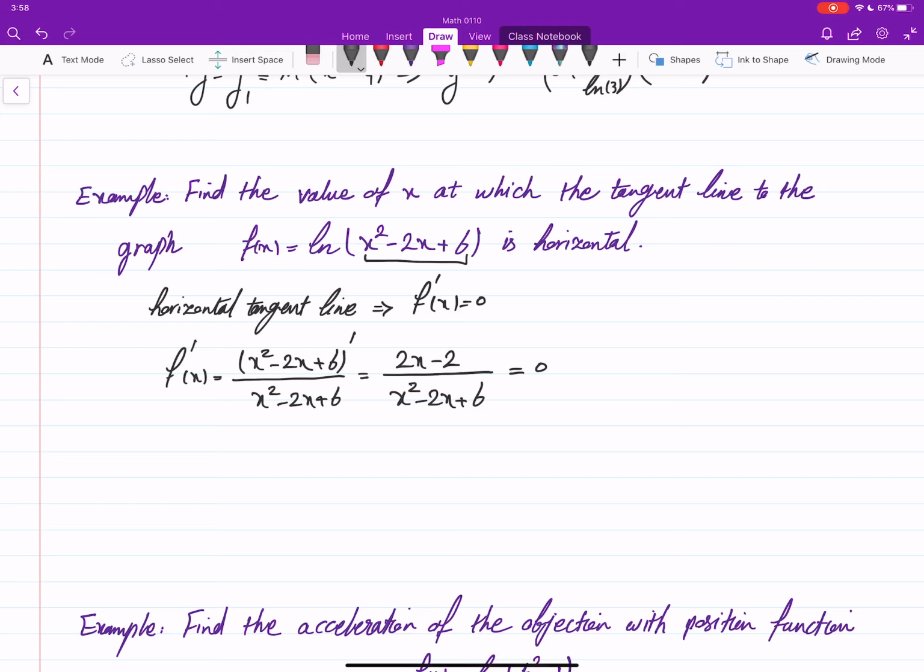This is a fraction. A quotient is 0 if and only if the numerator is 0. So 2x minus 2 is 0. That means that 2x is equal to 2, and that means that x equal to 1. So at x equal to 1, this function has a horizontal tangent line.